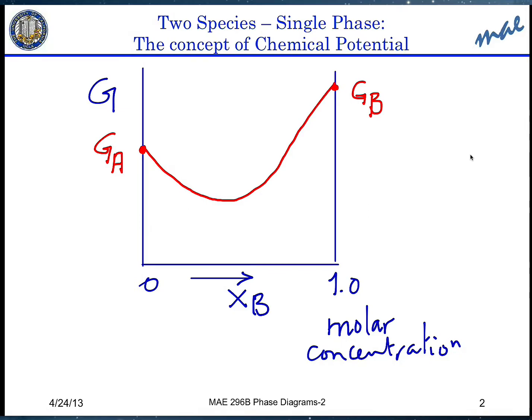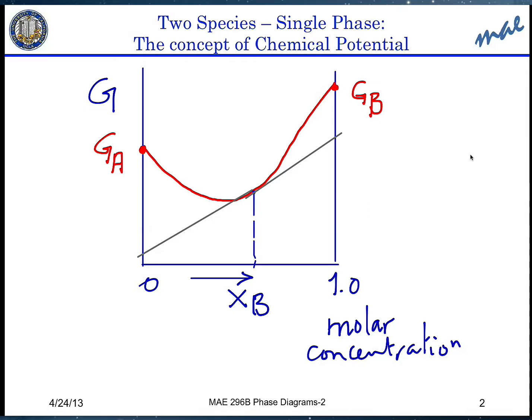And let's also, to elucidate the concept, assume that we have a particular composition here, indicated at this point. And then we take, let's say, a tangent to the graph. I'll change the color to show the tangent to the graph that intersects both sides.